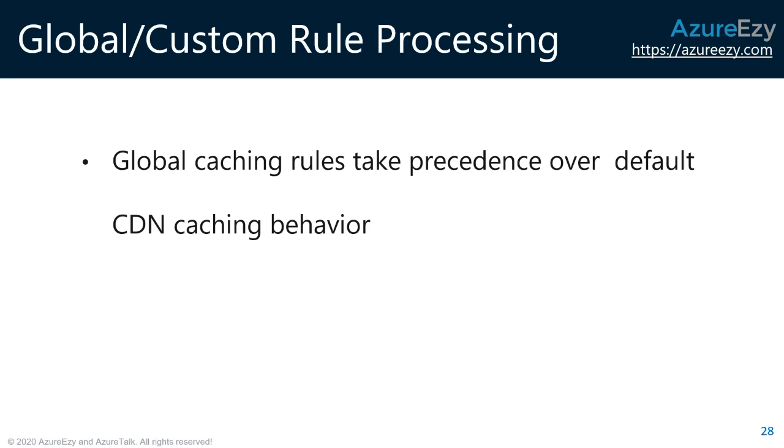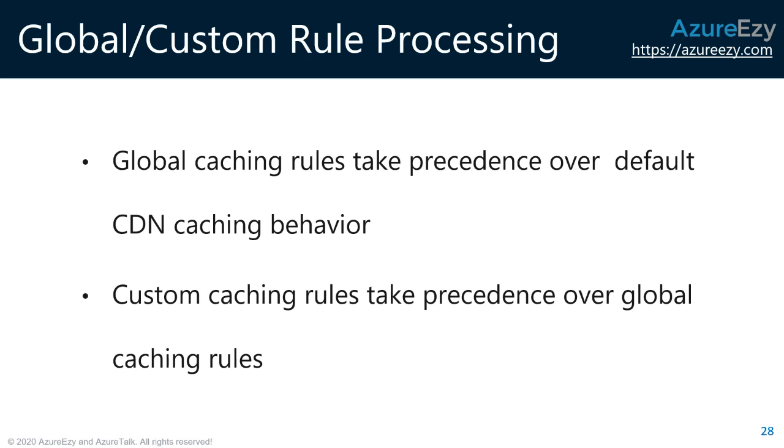If your CDN has any default caching behavior, your global caching rule will take precedence and override that. Then if you have configured any custom caching rule, it will take precedence and override your global caching rule as well. So finally the custom rule will take precedence. This is the precedence of your caching rules in CDN.